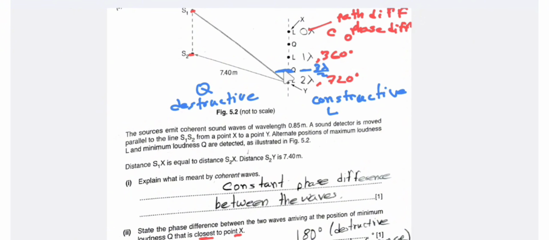Basically, we need to find the distance S1y, that is from point S1 to point Y. To find the value of the distance, we can first go from S1 to point X, and then from X to Y. By covering this distance, we cover the distance S1y. Now it is given that S1x is equal to S2x.